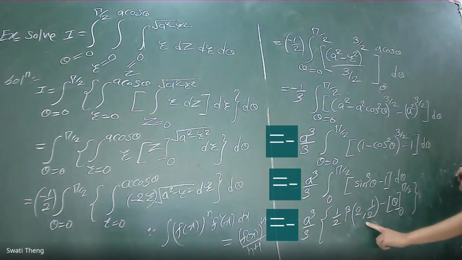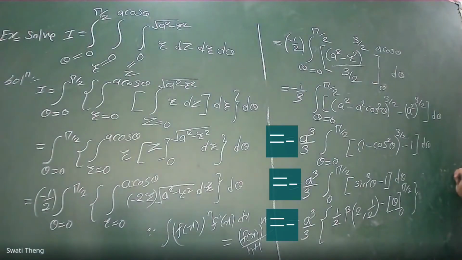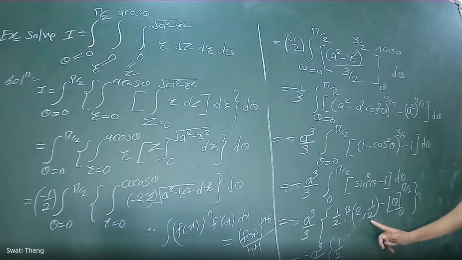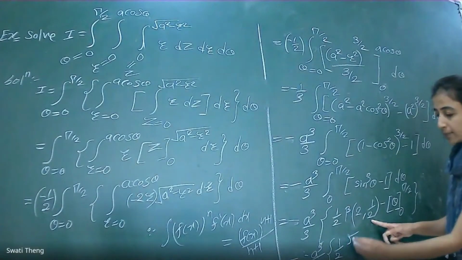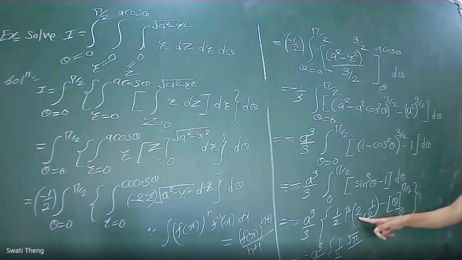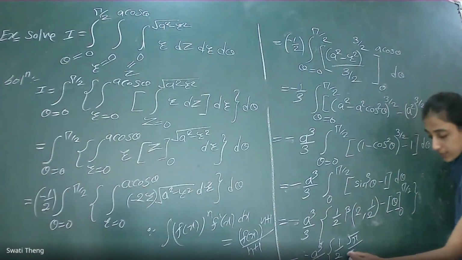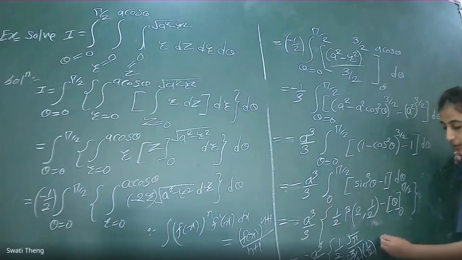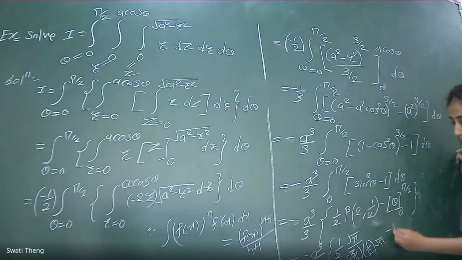Here, use the relation between beta and gamma function. Gamma of 2 is 1, gamma of 1 by 2 is under root of pi, divided by gamma of m plus n. The addition of these two will be 5 by 2, and gamma of 5 by 2 is nothing but 3 by 2, 1 by 2 under root of pi, minus pi by 2. Here under root of pi cancels.